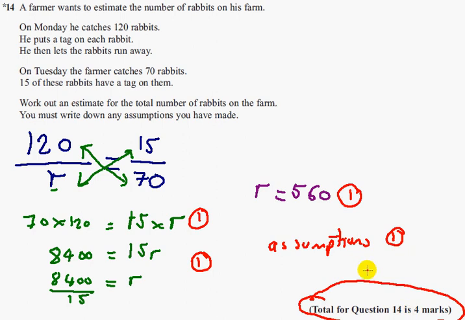So the mark scheme says for correct mathematical assumption, e.g. the population hasn't changed overnight, so that could include you saying, rabbits haven't died or run away, or reproduced, and also that the sample is random, so he selected the rabbits randomly, and that's where you get 4 marks from.